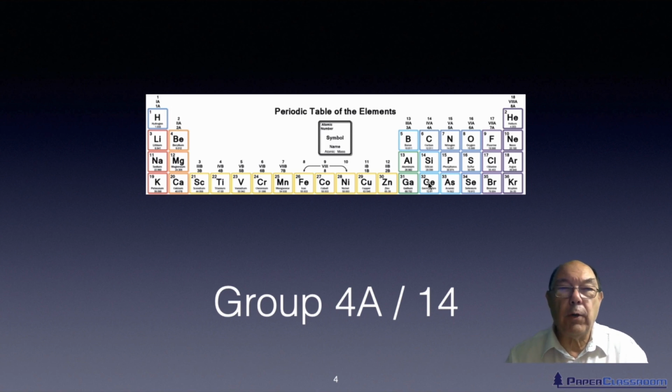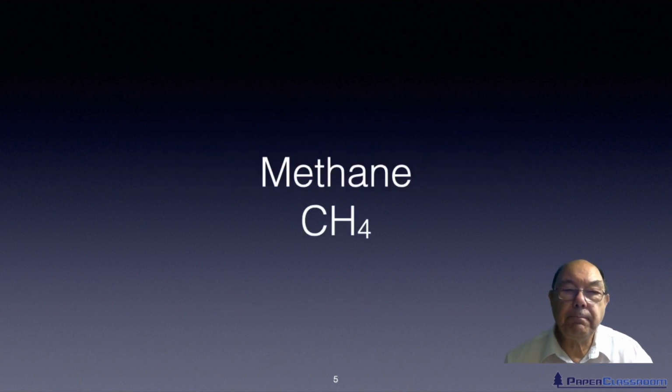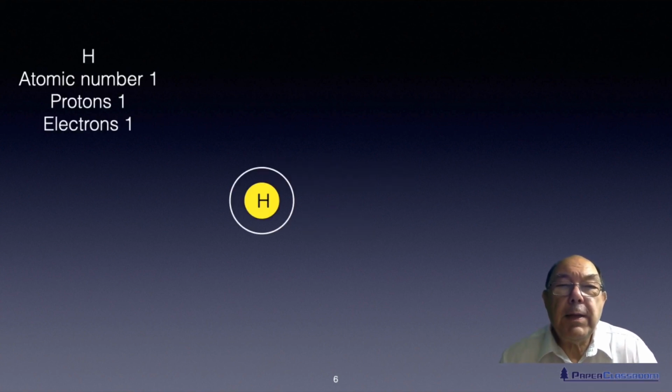So covalent bonding is all about elements or atoms cooperating. And what we're going to use as our example is methane. This is a classic example of covalent bonding, and it's one of the simplest. Methane consists of 2 elements, carbon and hydrogen.